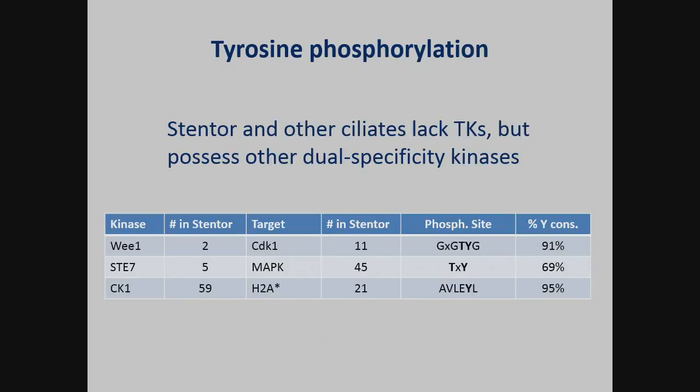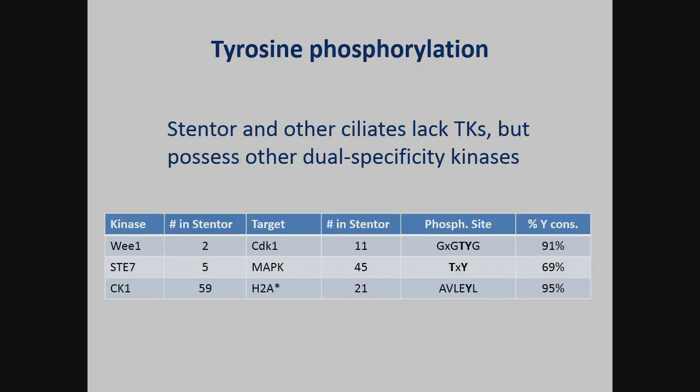So I was interested in looking into the idea of tyrosine phosphorylation in Stentor a little bit more. And it turns out in metazoa, there are also other serine threonine kinases that have been studied and found to have additional tyrosine phosphorylation ability.